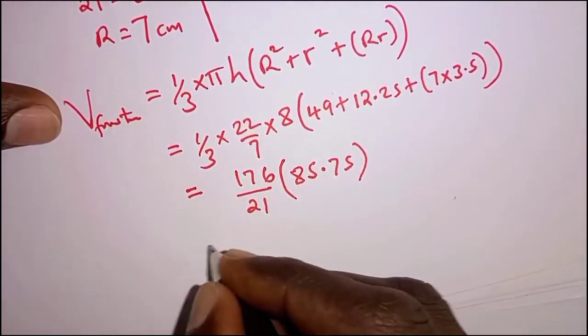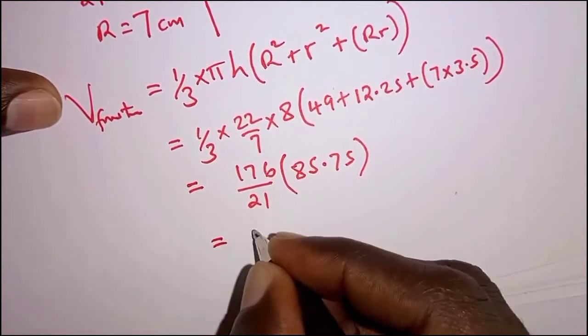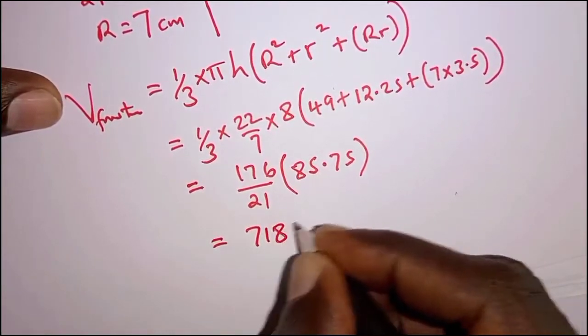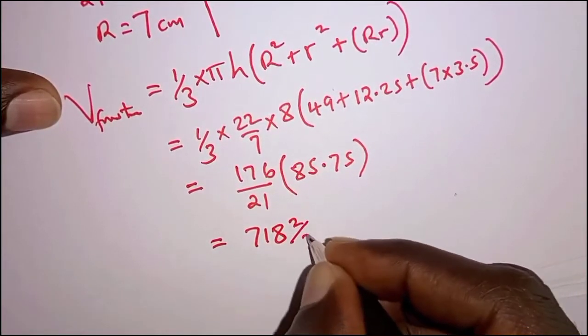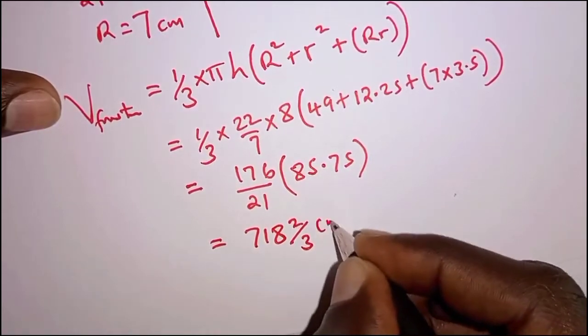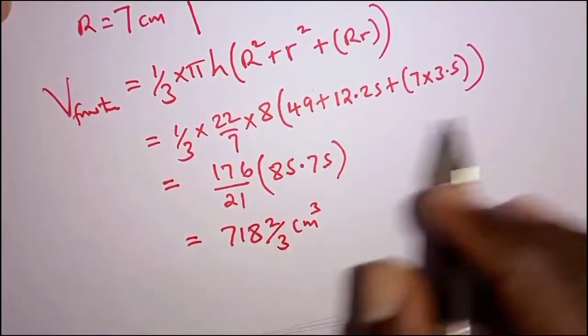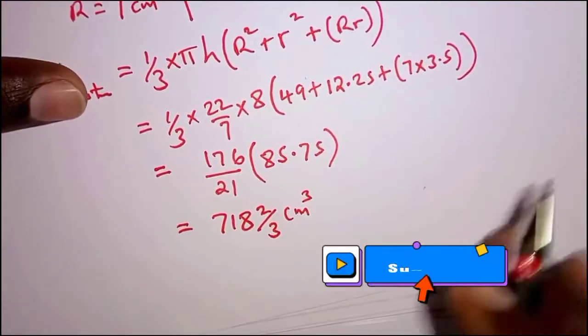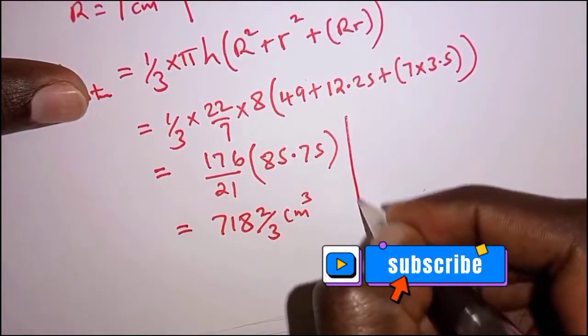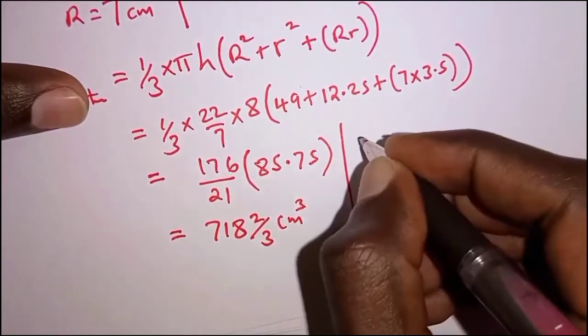So this worked out is 718 2/3 cubic centimeters. So with the volume of the frustum, we can therefore continue to get the mass.